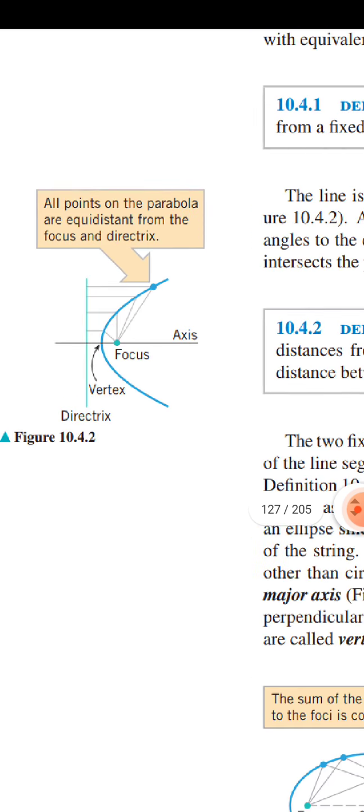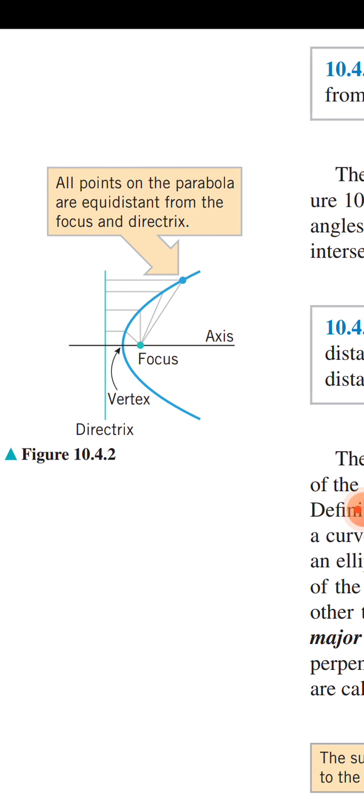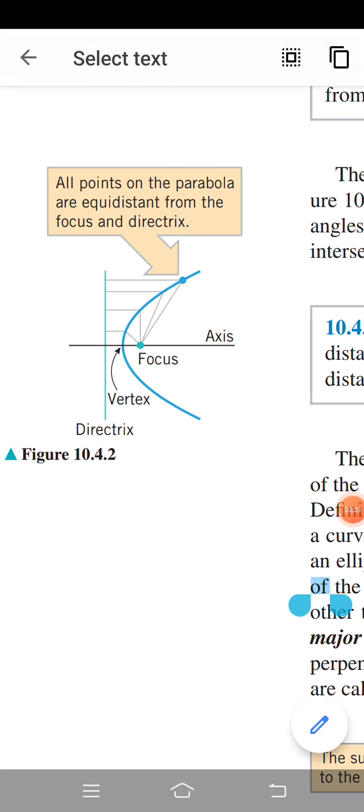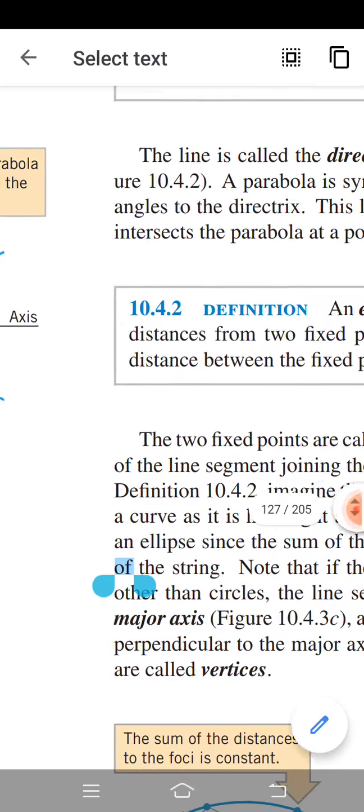The question also arises how we can find the axis of symmetry. The axis of symmetry is where the focus passes. If the focus is on the x-axis, then the x-axis will be the axis of symmetry, and if the focus is on the y-axis, then the axis of symmetry is the y-axis. From there we can find it out.